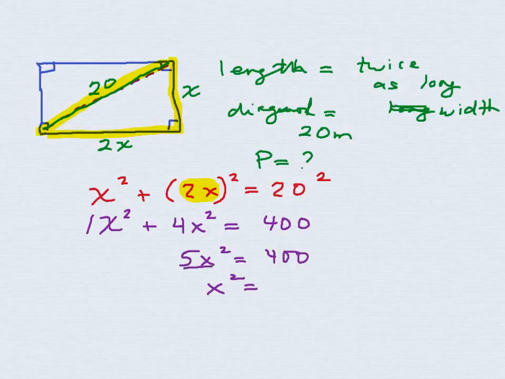You want to get rid of the 5 on both sides. So it's going to equal 80. Now, obviously the length and the width cannot be 80. You have to take the square root to get down to the final answer. The square root of 80 is going to equal 8.9.